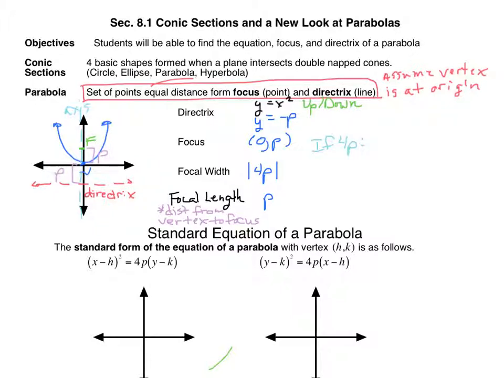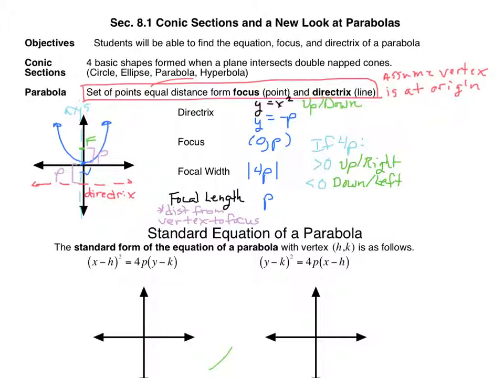So if your 4p is greater than 0, it's going to open up or to the right. If your 4p is less than 0, meaning negative, it's going to open down or to the left. Those are your two negative directions.